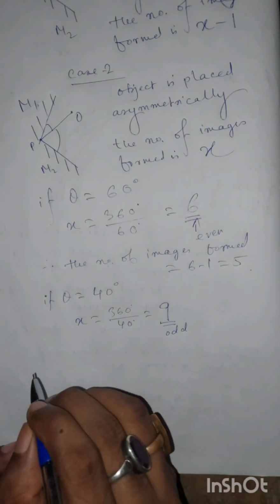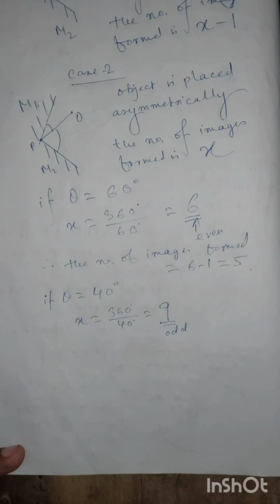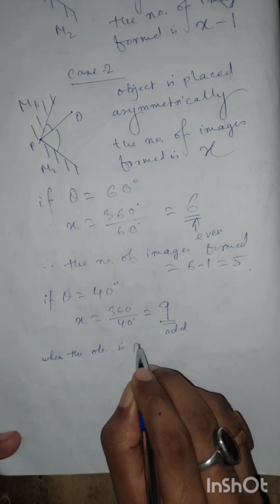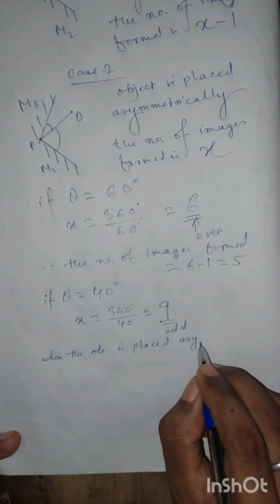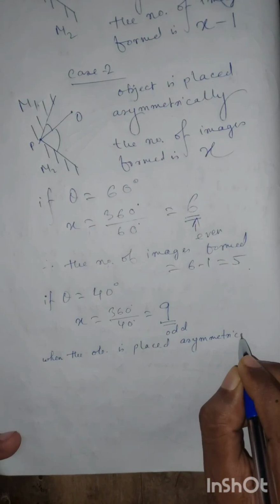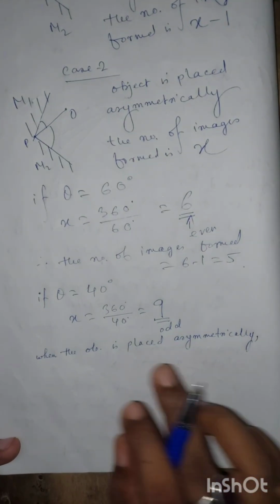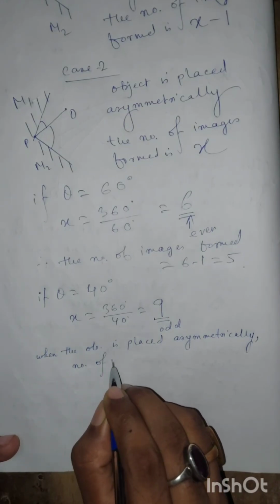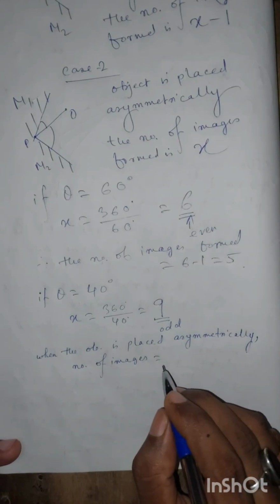Now we can say when the object is placed asymmetrically, the number of images is equal to nine.